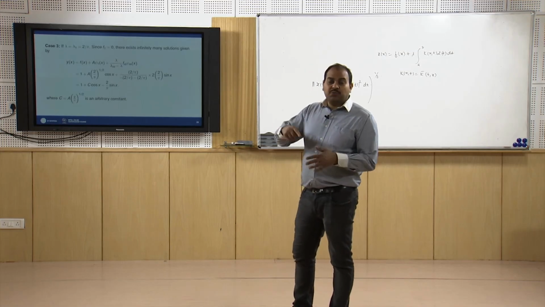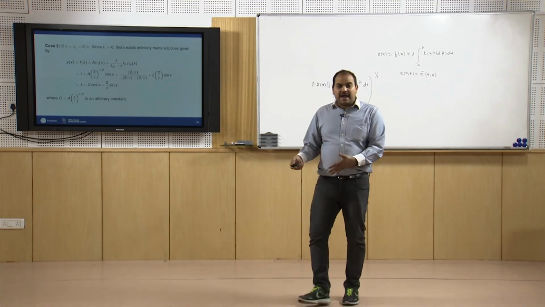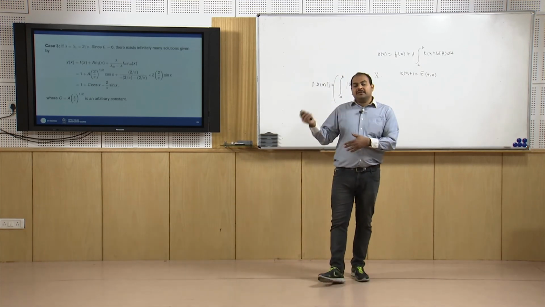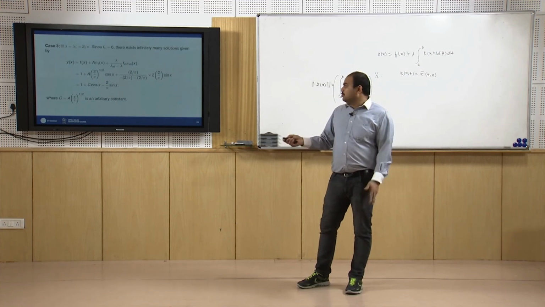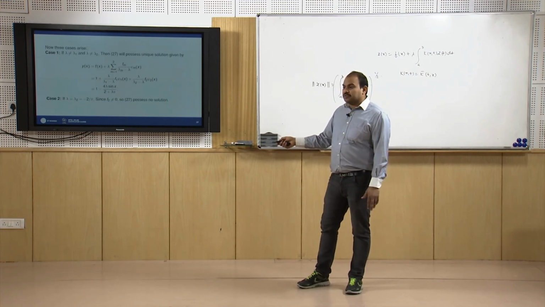So in this particular case, if lambda is one of the eigenvalues and the corresponding Fourier coefficient is non-zero, then we have no solution, as we have discussed in case 2.